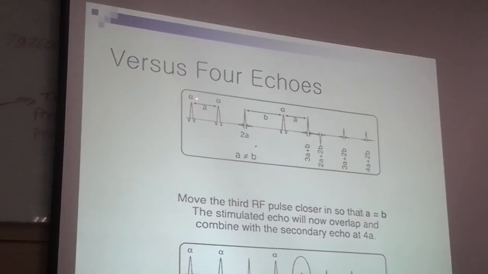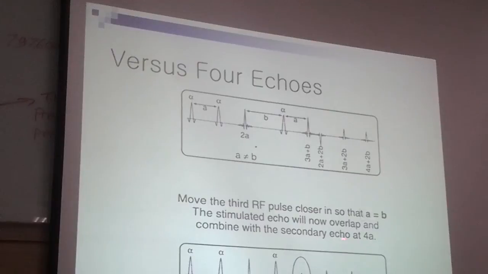In general, the combination of three RF pulses generates five echoes, as explained in the previous slide. But in this case, the time intervals A and B are not equal. When time A equals B, the case is depicted in this figure.